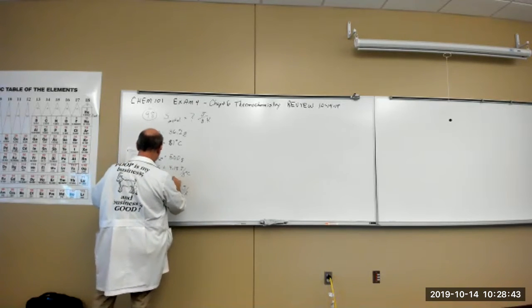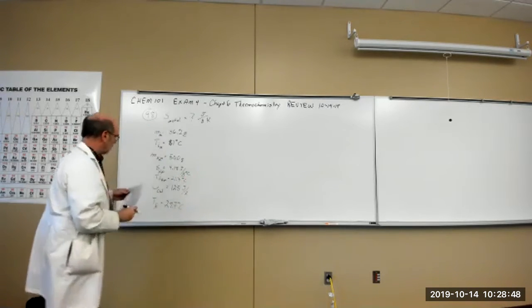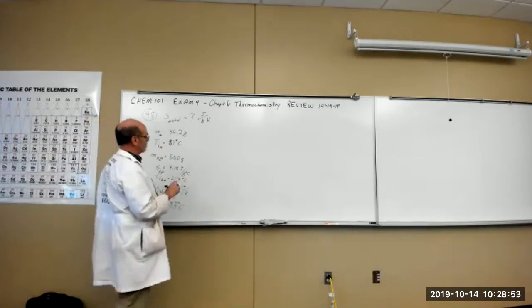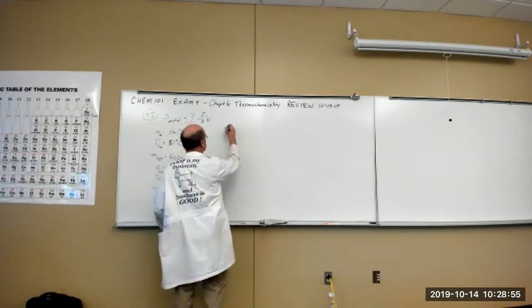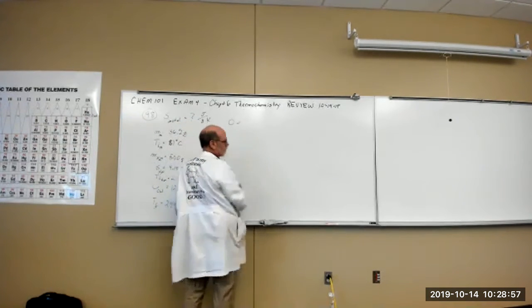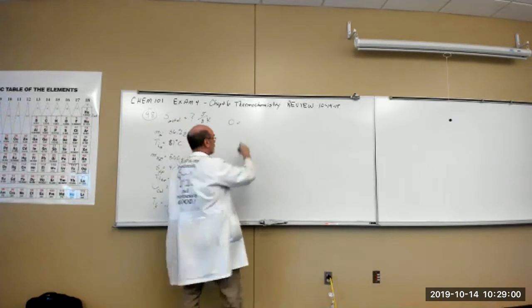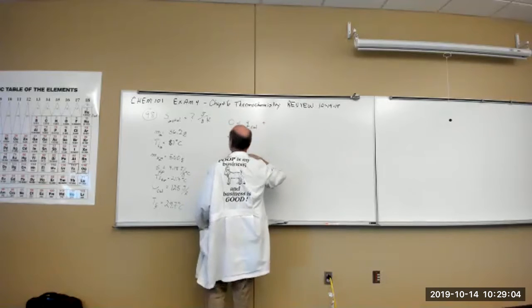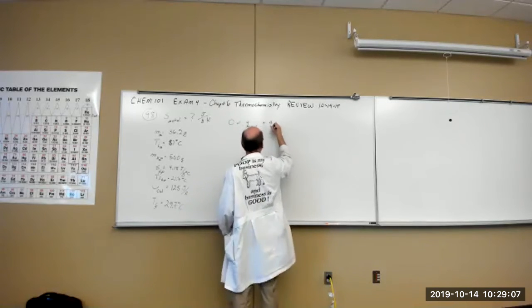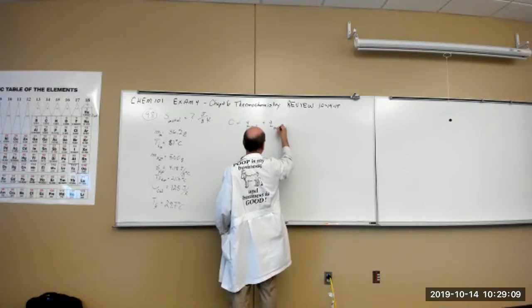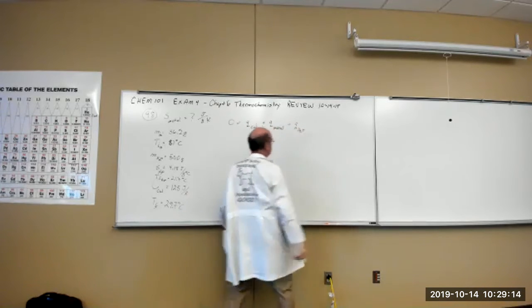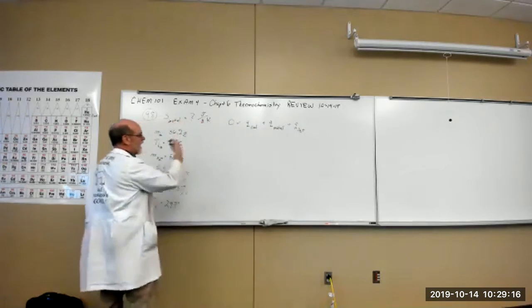Water starts out at 21.7 degrees C. Okay, that's a lot of information. But here's what you do. Everything has to equal 0. Right? So you got the Q of the calorimeter, and you got the Q for the metal, and you got the Q for the water. All those changes have to add up to 0.